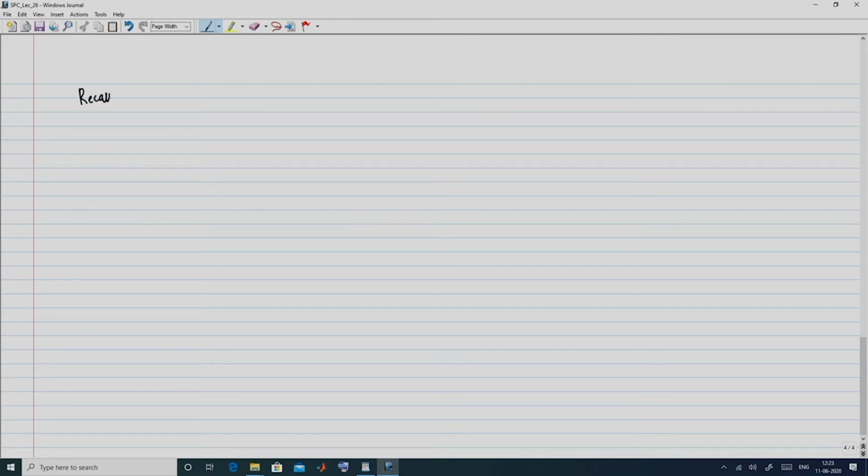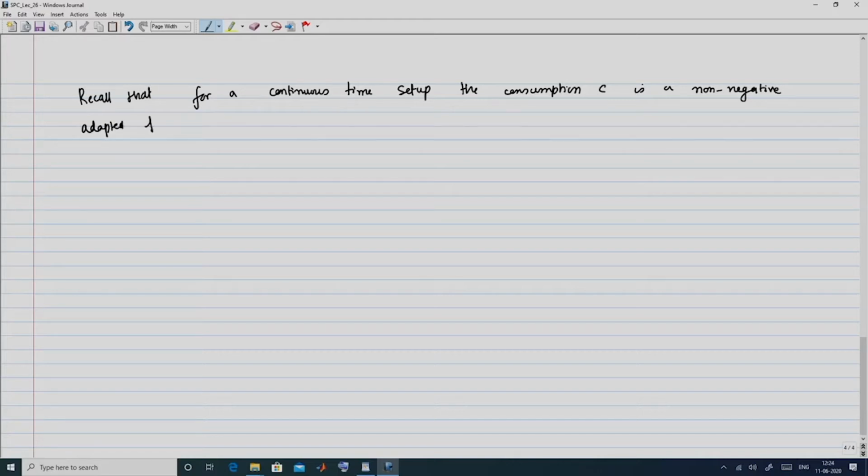So, recall that for a continuous time setup, the consumption C is a non-negative adapted process.